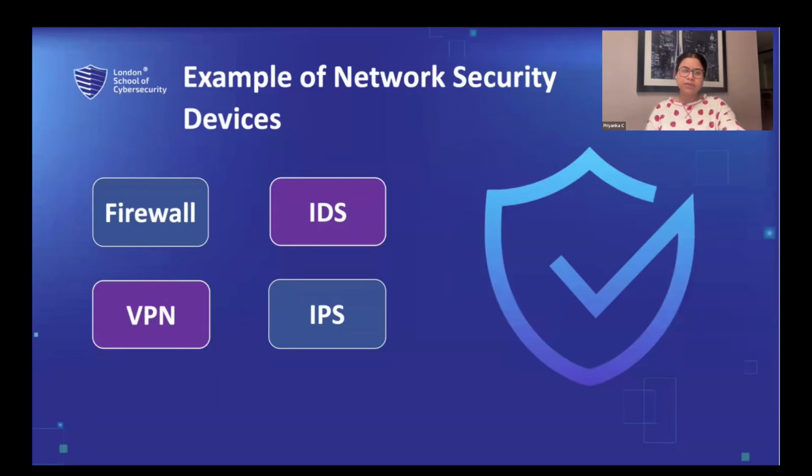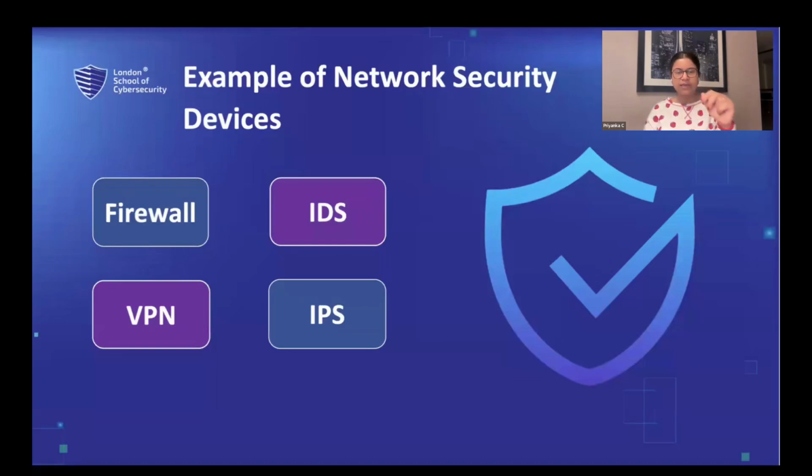So looking at some of the key devices that exist in the network today. The most common device that we would typically see in most organizations is a firewall. If any organization is doing any bit of cybersecurity from a network perspective, they would typically have a firewall in place.